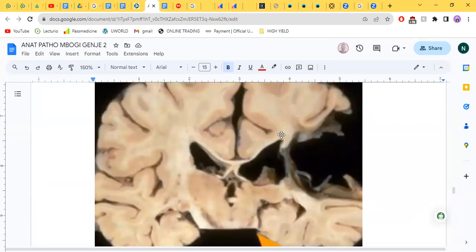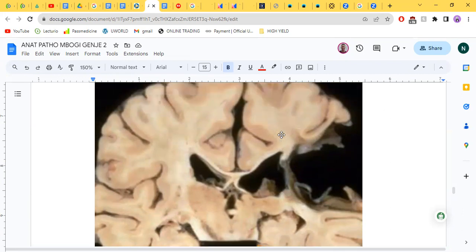Great. Next, what are some of the things that we can see in this diagram? Something very peculiar is happening on the right side, especially. What could this be? Exactly, there's a huge cavity.